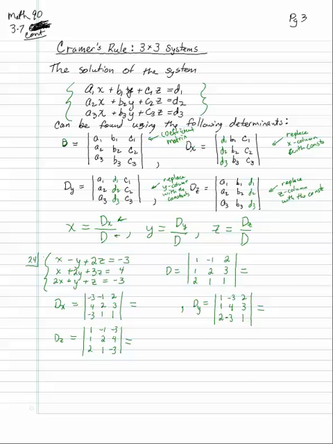Okay, so I don't know if you caught that, but I think I had a positive 3 there, so that should be negative 3. Alright, so doing on scratch work, D, you should get negative 12. D sub x, you should get 36. D sub y, you get negative 24. And D sub z, you get negative 12.